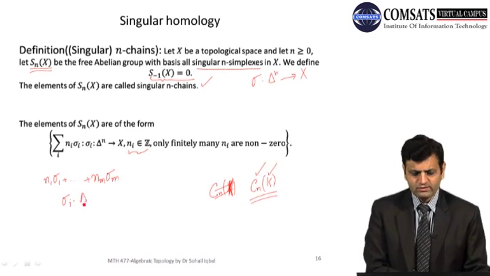These are continuous functions from the standard n simplex to x, and of course this n is the same as this Sn, because we are talking about n chains. These are all the continuous functions for i equal to 1 to m, and this is one particular element from the set Sn of x, and these ni's are integers.